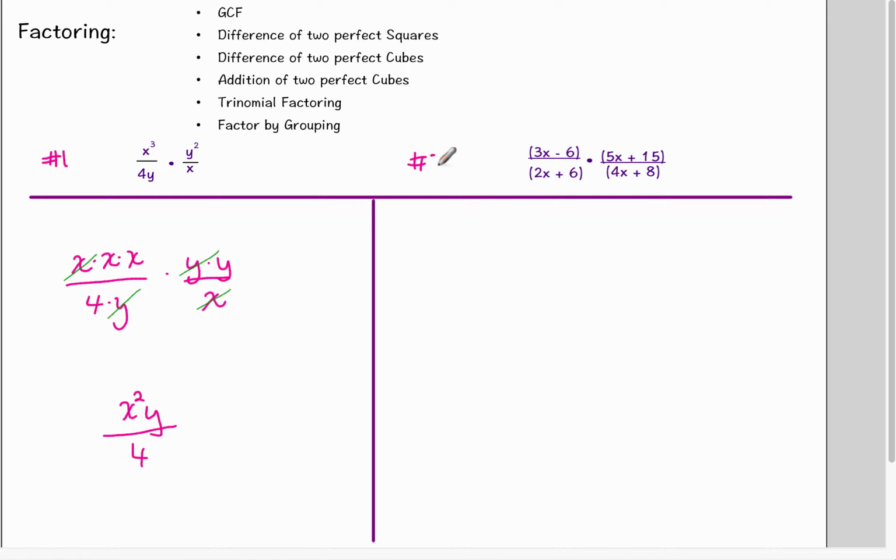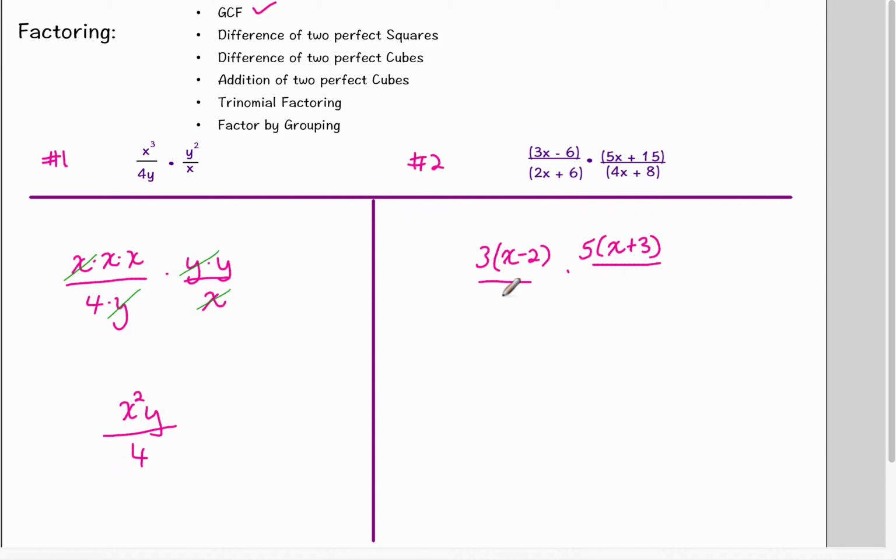We'll step it up a notch. We can still factor here, but we no longer have monomials. We have a bunch of binomials. So we need to look at our factoring steps. Do I have a greatest common factor? Yes. In this first numerator, my greatest common factor is 3. In my second numerator, my greatest common factor is 5.